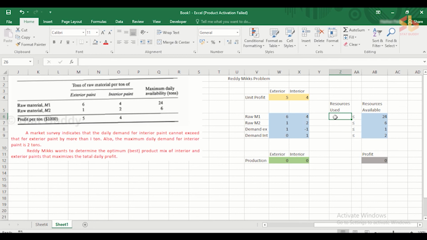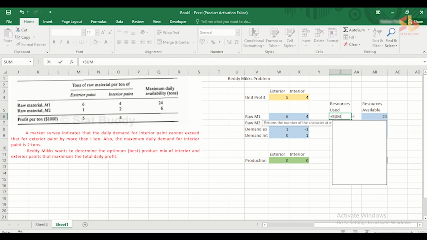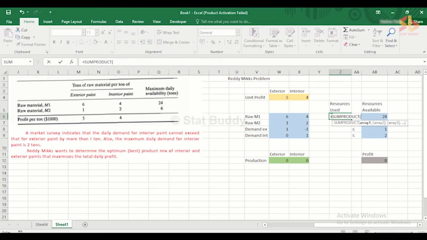I'm using the SUMPRODUCT function to define these cell outputs. SUMPRODUCT will give the sum of multiplication: first multiply two or more arrays and give the summation of the corresponding elements.